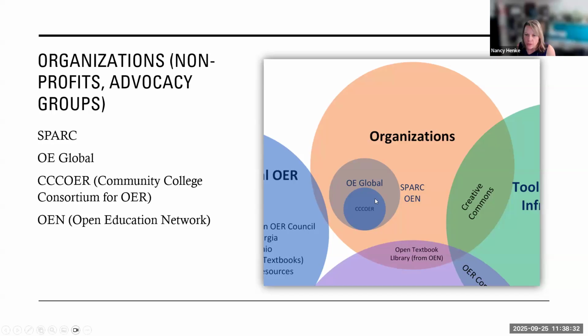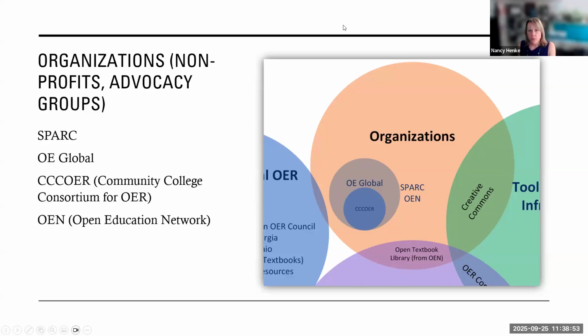They're part of OE Global, so they're kind of nested within OE Global. And even the Open Education Network, that's hosted from the University of Minnesota. So they do a lot of education and certificate programs and trying to help spread the word and train librarians and train people in open pedagogy and open education. So we have organizations kind of doing work in this space.